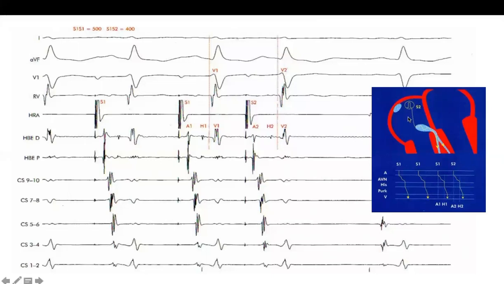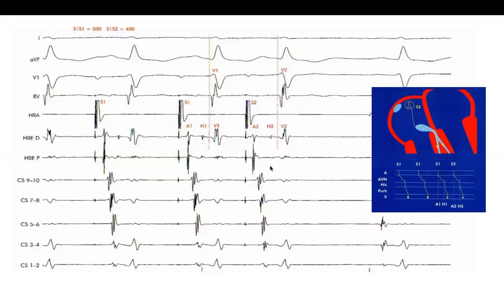For example, here we are pacing the atrium at a rate of 500 milliseconds. Then the extra stimulus is 400 milliseconds.